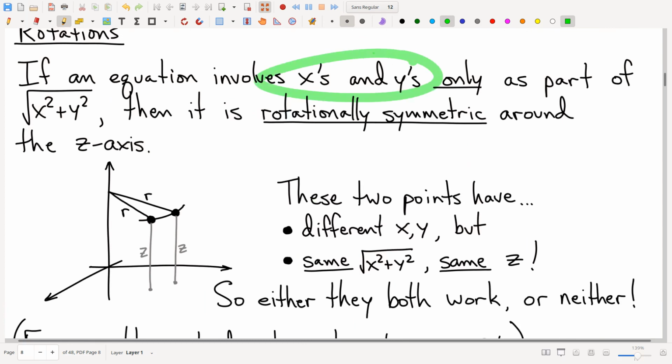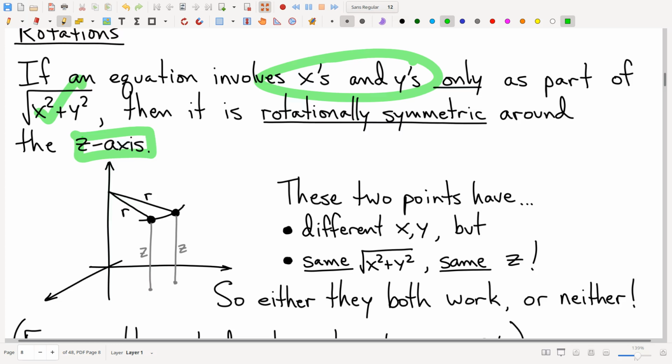When x and y appear only in the special form, the symmetry is around the z-axis. I'm going to appeal to your sense of patterns. If I were to trade the roles of the variables, there's nothing magic about the alphabet, right? It's not like z is special in the alphabet.